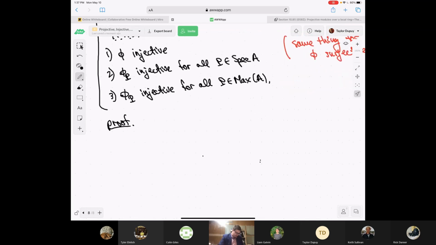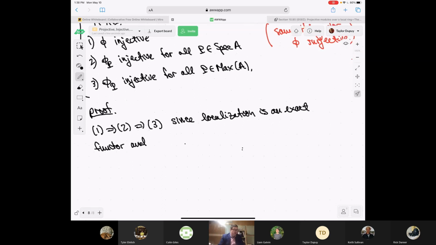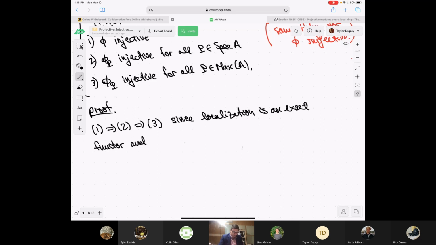One implies two implies three, because localization is an exact functor, and all maximal ideals are prime.